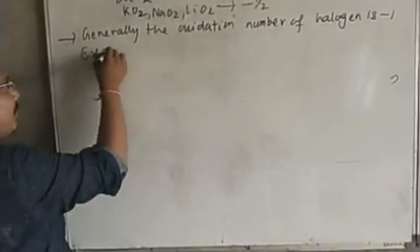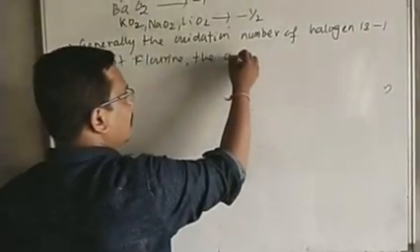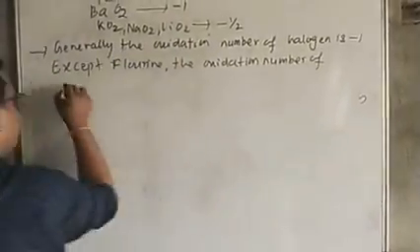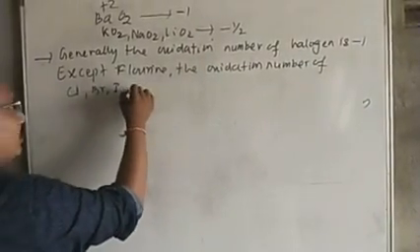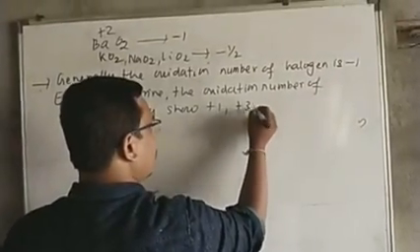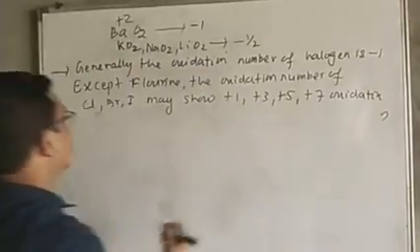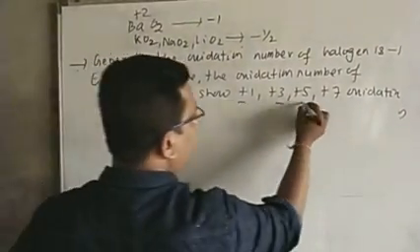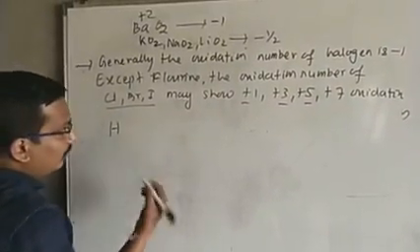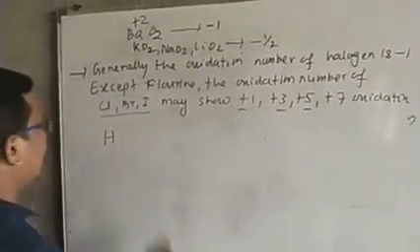But remember, except fluorine, chlorine, bromine and iodine may show +1, +3, +5, +7 oxidation numbers. That means chlorine, bromine, iodine have +1, +3, +5, +7 oxidation states. Take an example: how do chlorine, bromine, iodine show the oxidation numbers +1, +3, +5, +7?